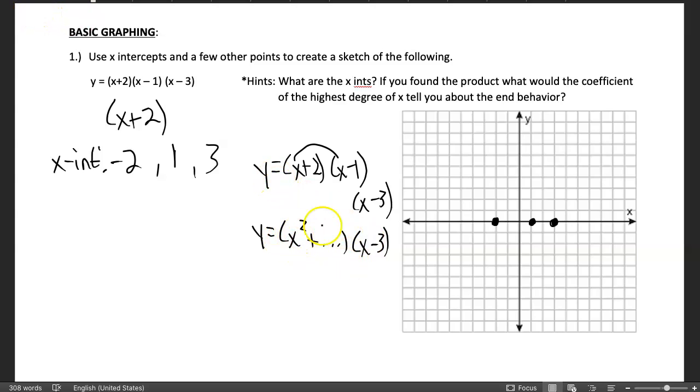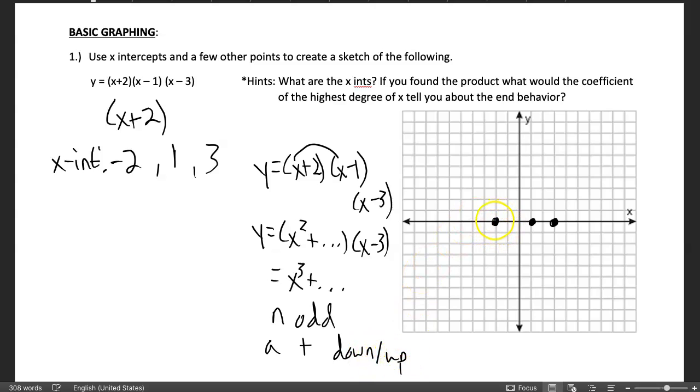Again, distributing this in, we'd have x squared times x, so we'd get an x cubed term plus a whole bunch of other terms. What does this mean? It means our n is odd and our a is positive. That means our end behavior is going to be down, up.